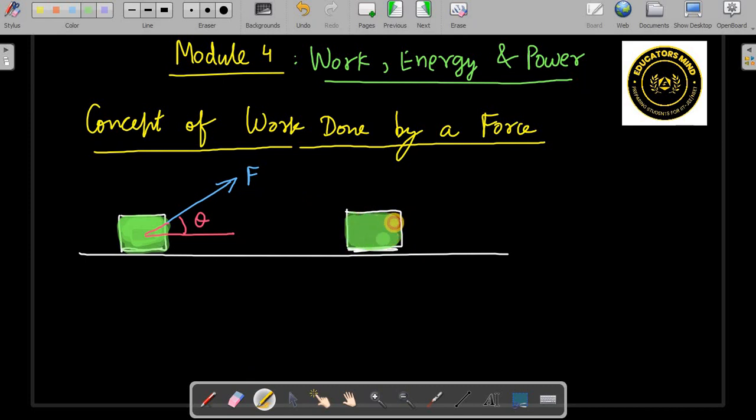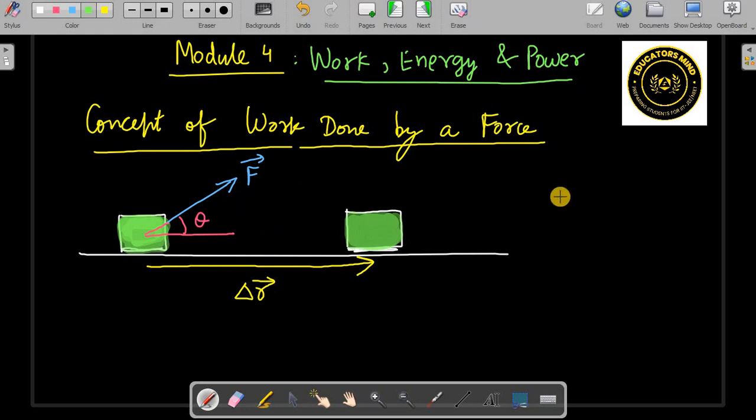There is some displacement happening, and let us say this body is going to displace from this point to this point. So this is the displacement, which in general you can write as delta r vector, because it's a vector. Force is also a vector. And theta is the angle between force and displacement vector.